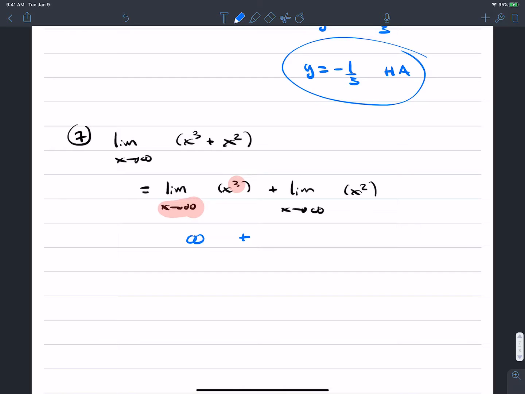Let's do the next one. And we know, again, x is getting big, so what do you think is happening with x as it gets big and you're raising that to the 2nd power now? Well, that's getting even bigger, is that right? It's getting bigger faster. So in both of these cases, you're getting big. In the first case, you're getting big to the third power. In the second case, you're getting big to the second power.